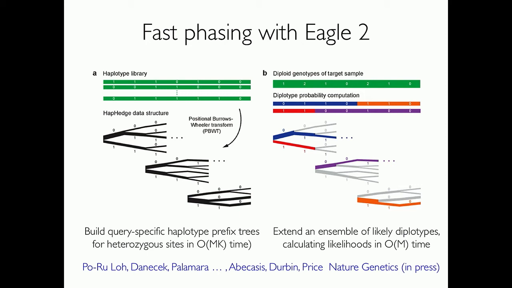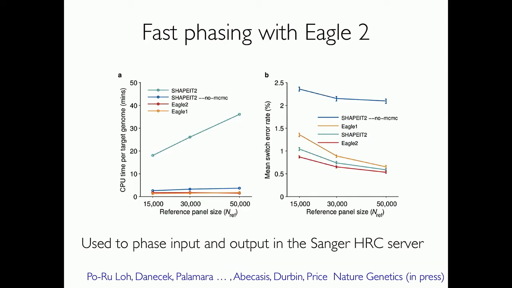And then what he does is extend out an ensemble of likely diplotypes in a sort of particle filtering method. And he calculates likelihoods in, again, order m time, where m is the size of the data set, and that's very fast and accurate.